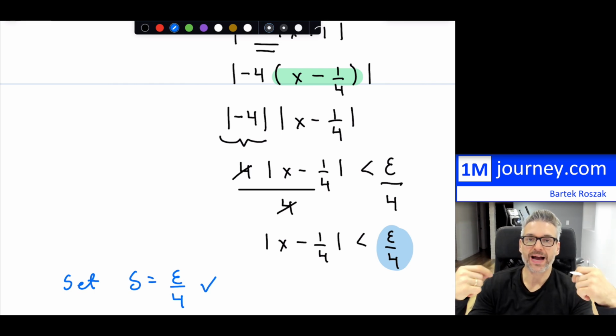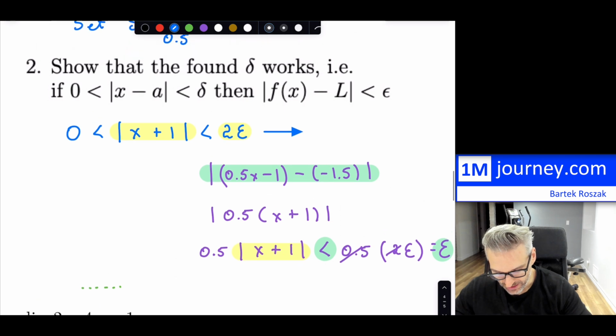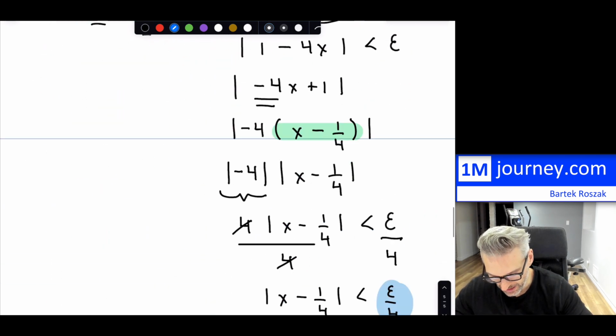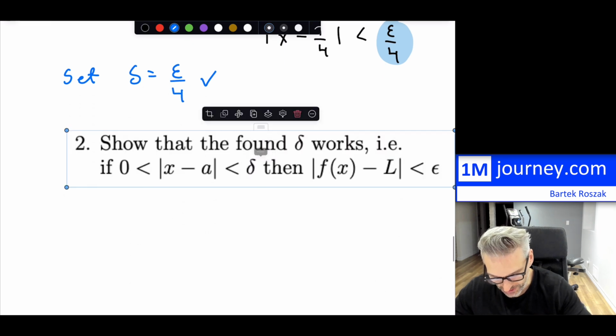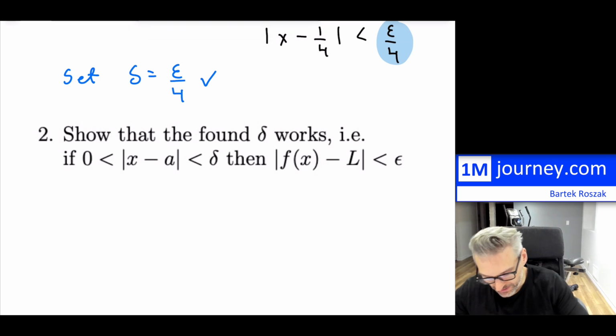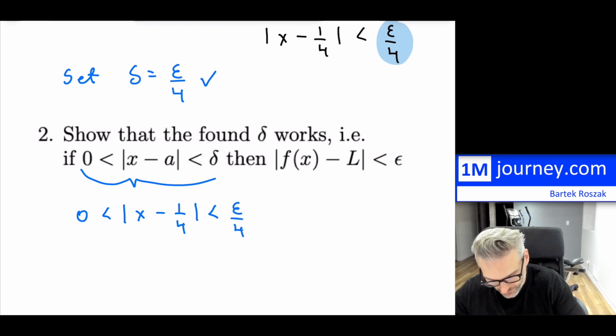Now you can go back and check, right? Does this work? Just the same thing as we had done in all of these. So again, I'm going to steal this, duplicate it, and put it back in here. For us, this is x minus 1 over 4, and our delta we've set to epsilon over 4.